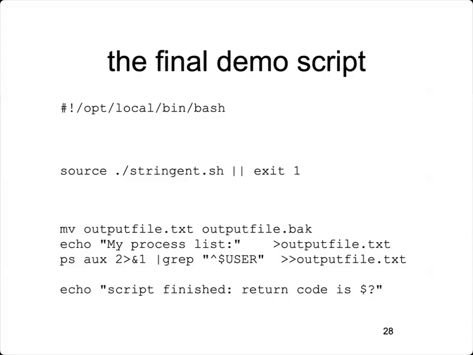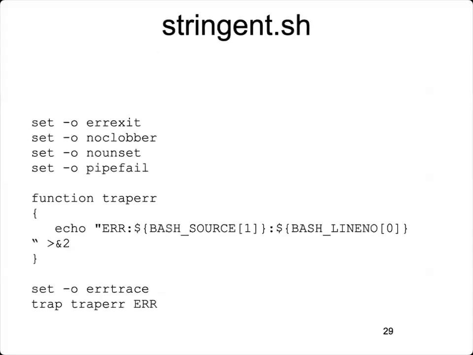Now this file is on GitHub. I'll give you that link in a minute, but let's take a look at it. So this is stringent in its first iteration. We're going to add to it here in a minute because it's instructive to add to it.